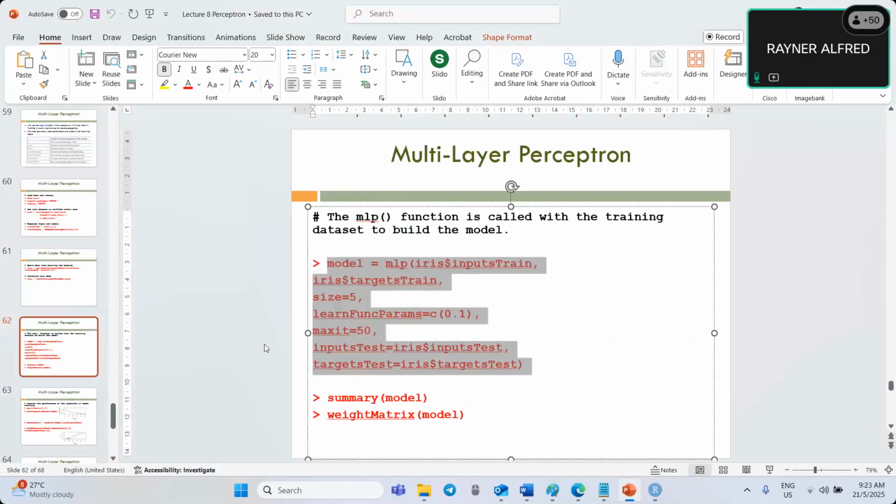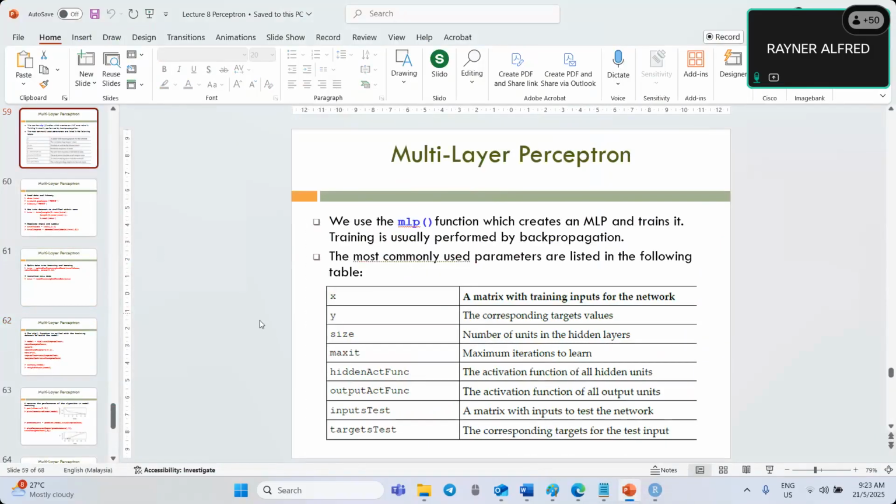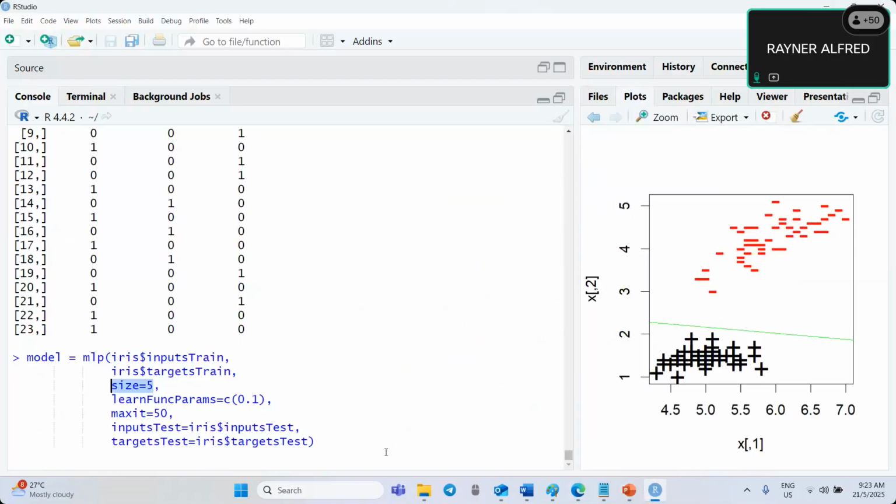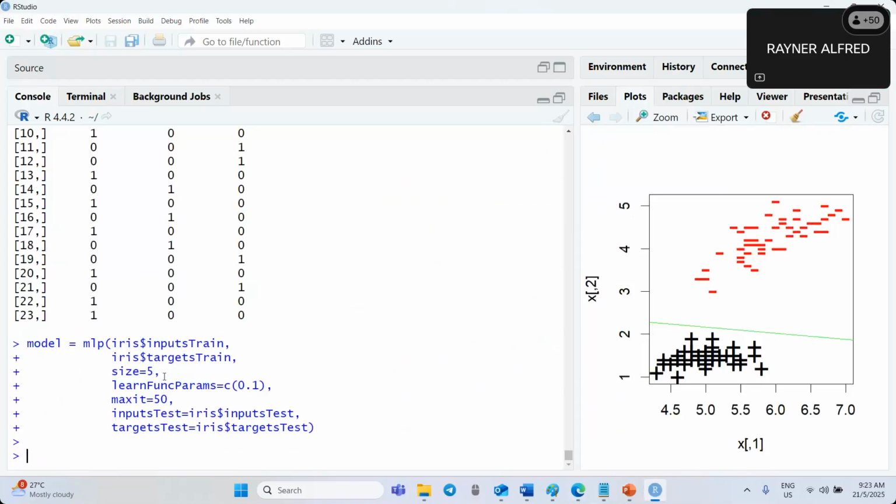If we look at the slide in the beginning, this is the sequence x, y, and then the size, maximum number of iterations, hidden activation function for the hidden layer, and also the activation function for the output, input test, and so on. So maximum iteration, input, and target. So we build this model.